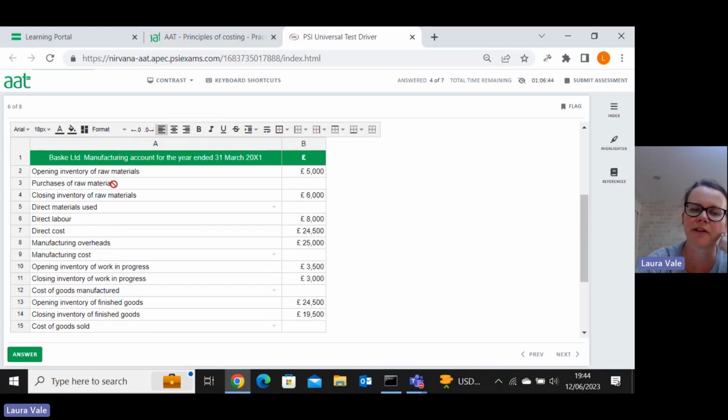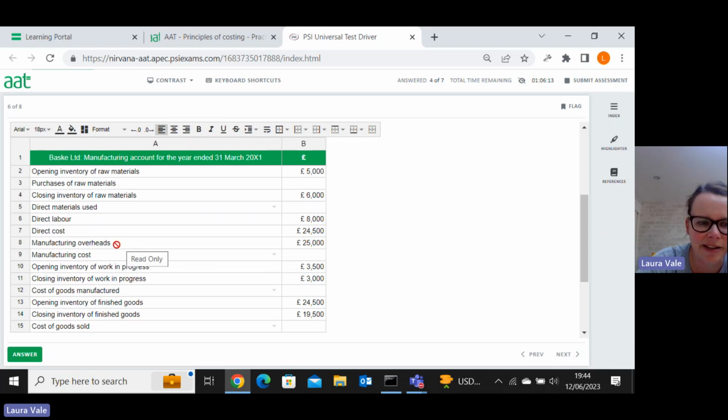But if you think about the flow of making something, you start with what you had in stock before, you add in what you've just bought in, you might have some left to put back in the cupboard. So that's your materials. You then add in the labour to the process, which gives you your direct cost. I'm still baffled by that earlier question because you've got direct cost there. Anyway, I'll shut up about it now.